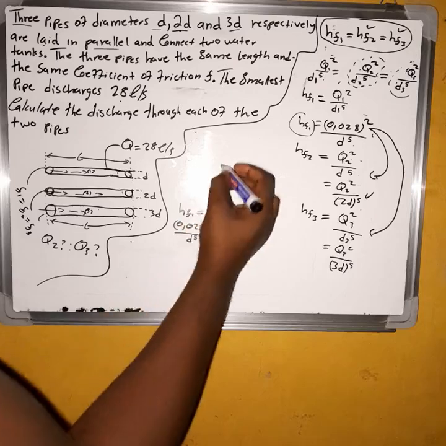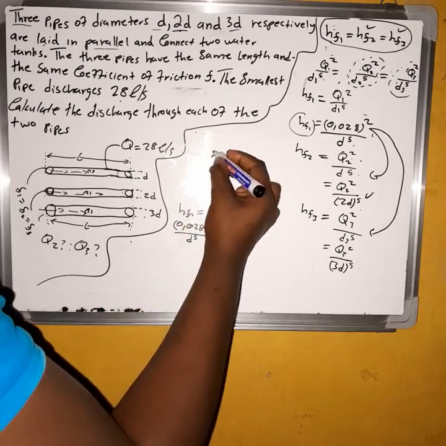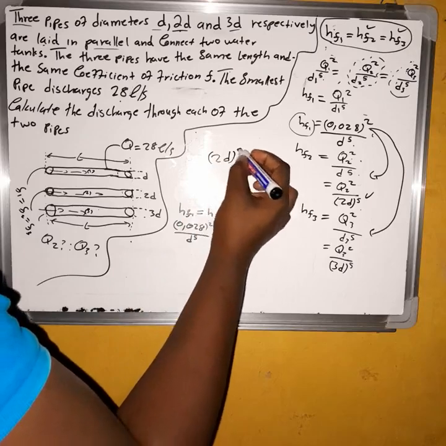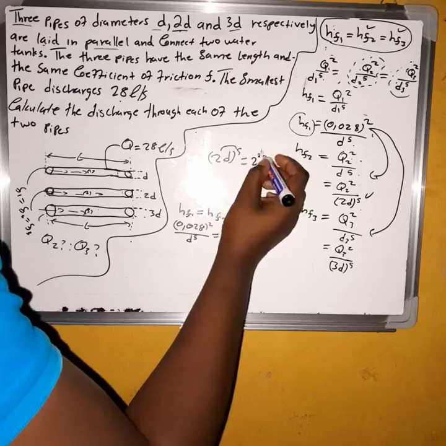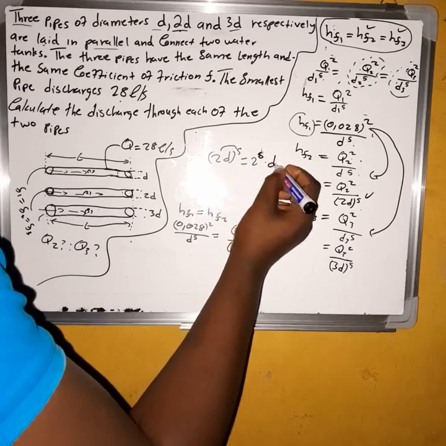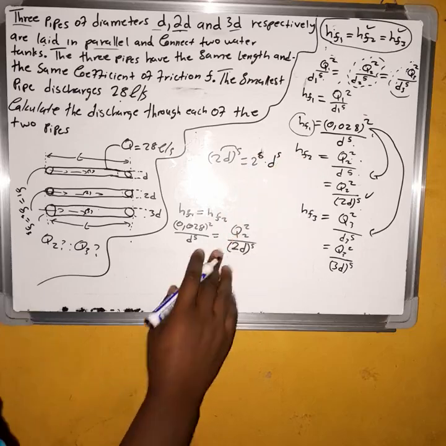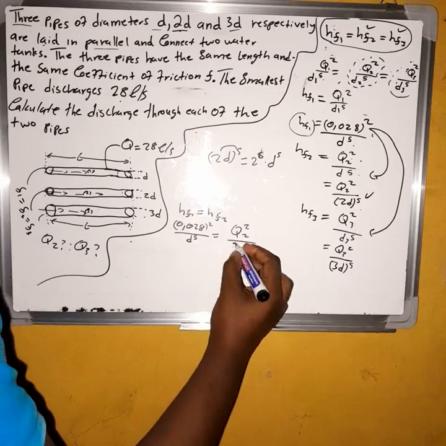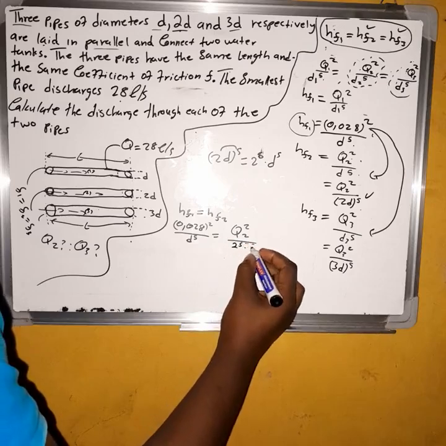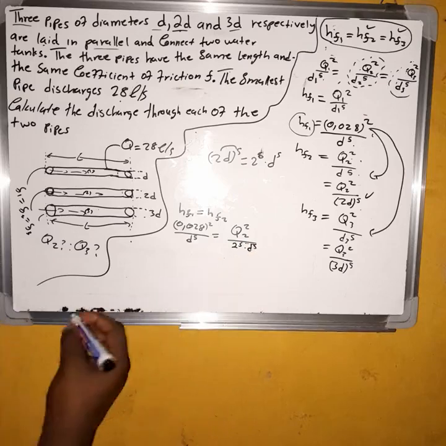Mathematically, 2D raised to the power 5 is equal to 2 raised to the power 5 multiplied by d raised to the power 5, right? So you can replace this with 2 raised to the power 5 and d raised to the power 5.